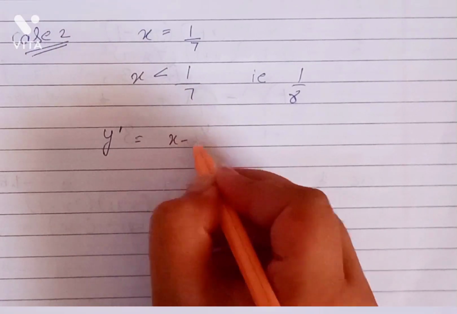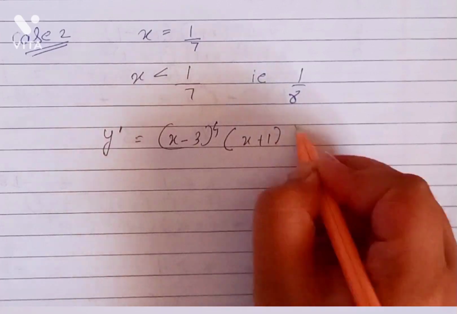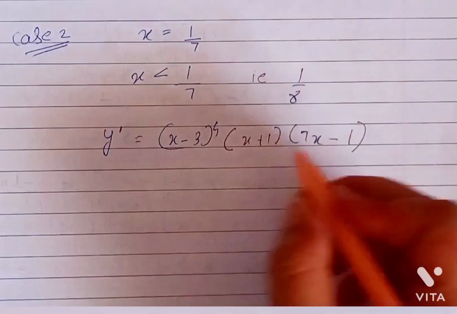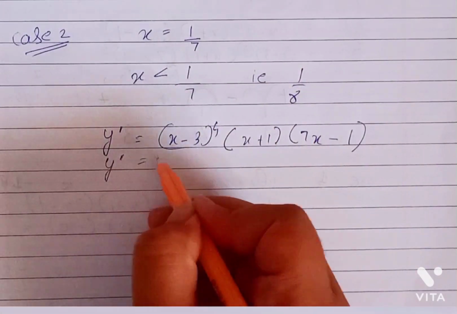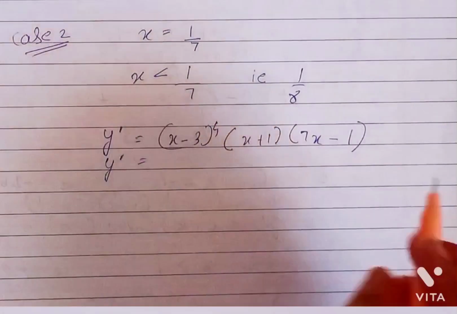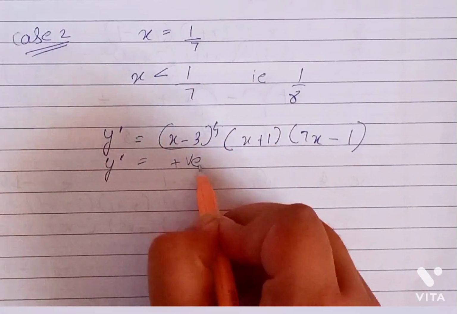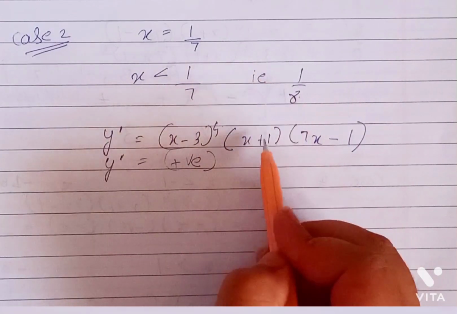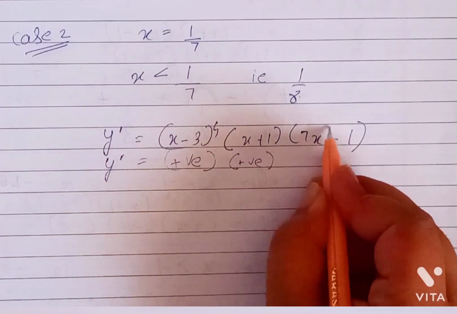What is y dash? (x minus 3) to the power 4 into (x plus 1) into (7x minus 1), right? Now we will put this value in. Then you could see that this quantity will be positive anyway because the power is even. This would also be positive, it's 1/8 plus 1, which will give a positive value. This will give a negative value.